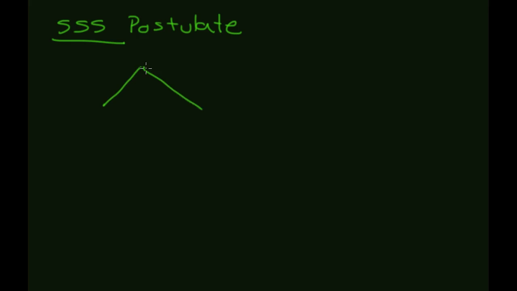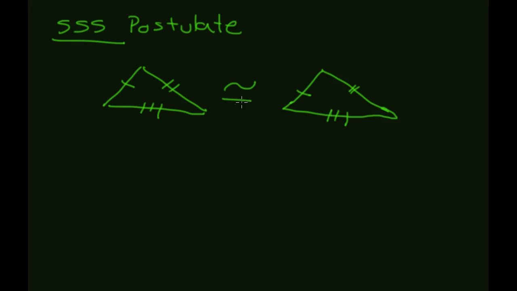If I have two triangles, and I know the corresponding sides of one triangle are congruent to the corresponding sides of the other triangle, then it is sufficient to say that the triangles are congruent. So 3 sides of one triangle congruent to 3 sides of the other is sufficient for proving congruence.